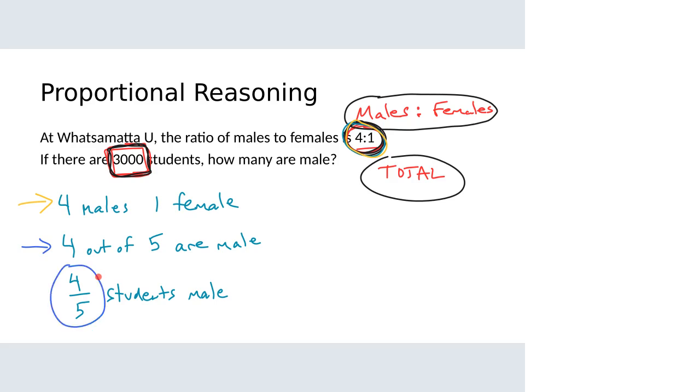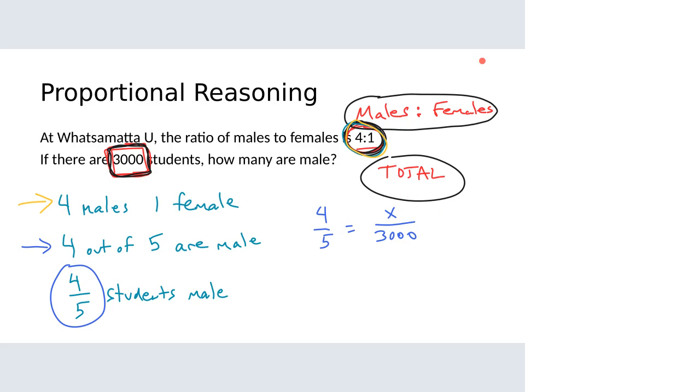Now I can do my proportion. Since 4 out of 5 students are male, I know there are 3,000 total students, so how many of them are male? And what we've got here then is 4 students out of 5 are male, so how many out of the 3,000 total are male?